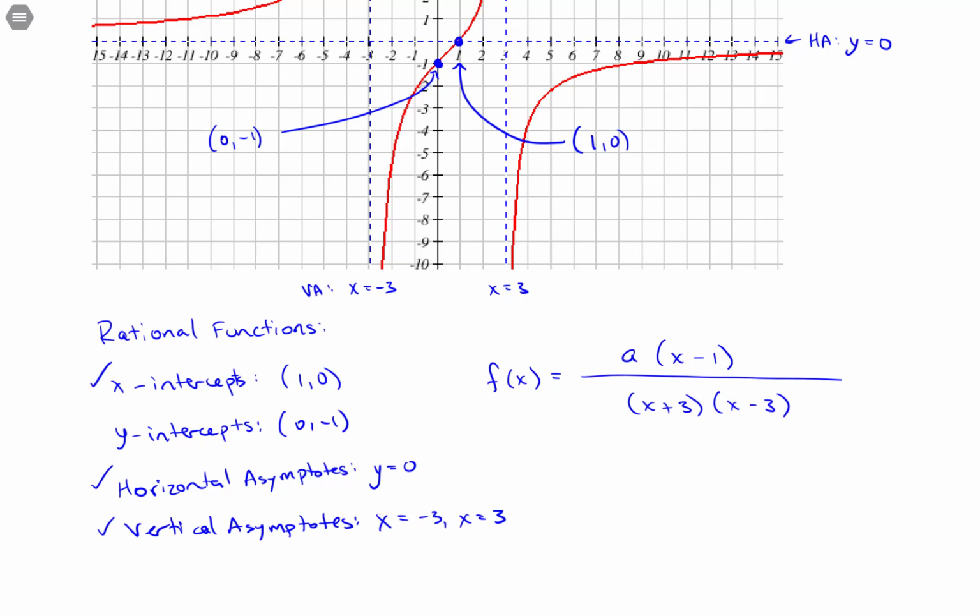So for instance, the x value of any y-intercept is 0. So I'll just switch to a different color to solve. So f(0) would be a times (0 - 1) over (0 + 3)(0 - 3). And f(0) is -1. So I have this equal to -1.